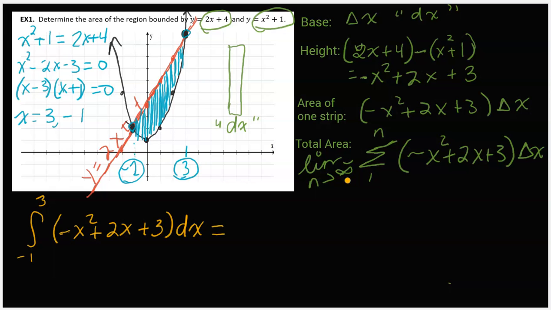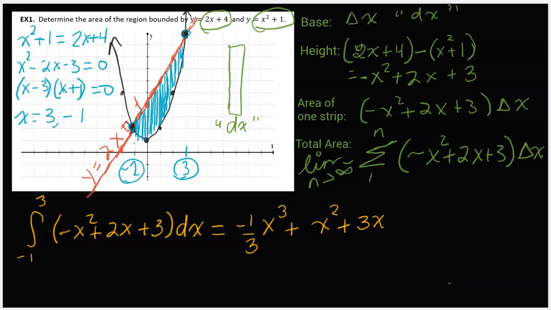And I hope you know how to do antiderivatives from here on. So that would be the exponent goes up, and divide by 3, that's negative 1/3 x to the third, plus x squared divided by 2, 2 divided by 2 is 1, plus 3x. And we are evaluating that.